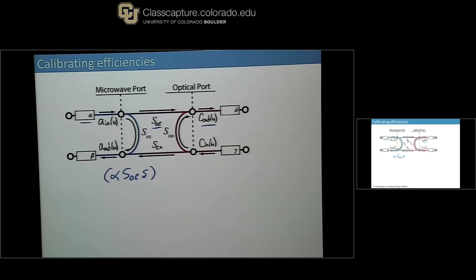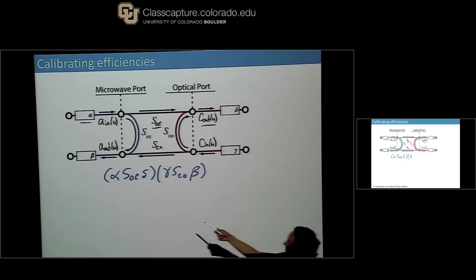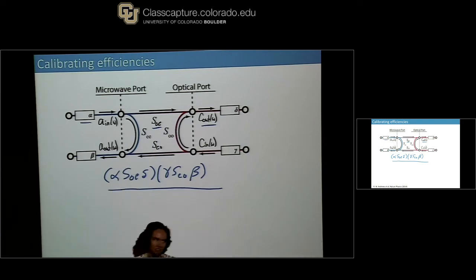And getting that alpha and delta product is actually sort of hard, but if I imagine that I take the product of doing that with the sort of opposite possibility, which is my gamma times my S_EO times, say, this beta, that's the loss over there. And then I'm able to, by measuring off resonance, I could measure what the product of alpha beta is.